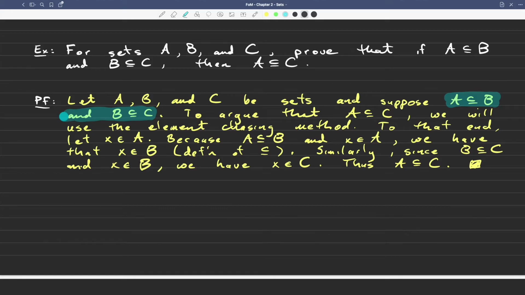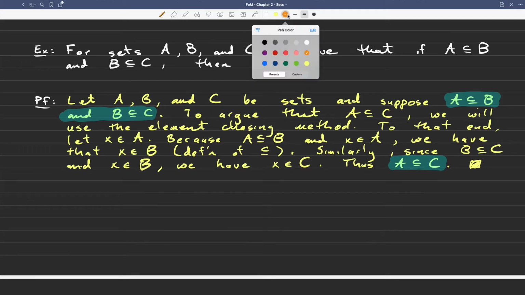A is contained in B and B is contained in C. And then we arrived at the conclusion. So we see that the structure of our proof is correct in terms of we assume the hypotheses are true and then we arrived at the conclusion. But then in making the argument that A was contained in C, we used an element chasing argument which had its own set of hypothesis and conclusion.